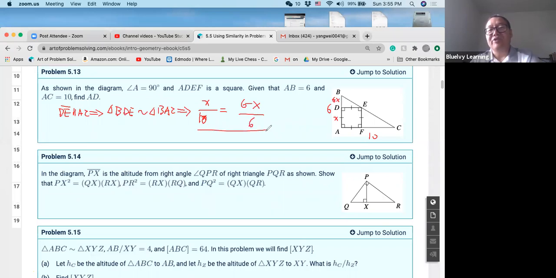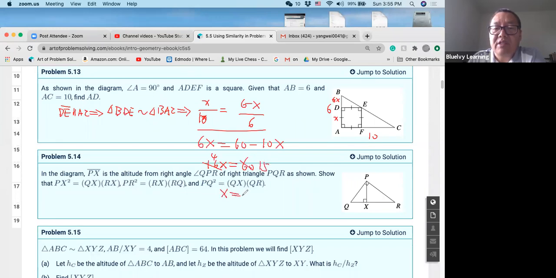So this equation only has one variable. Actually, this one is enough. We can solve this equation. Do cross multiplication: 6x equals 10 times 6, that's 60 minus 10x. So you add 10x to both sides, and you get 16x equals 60. Then divide both sides by 4, and that will be 15.